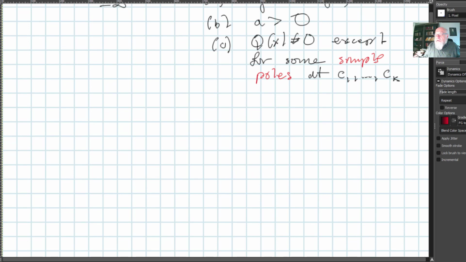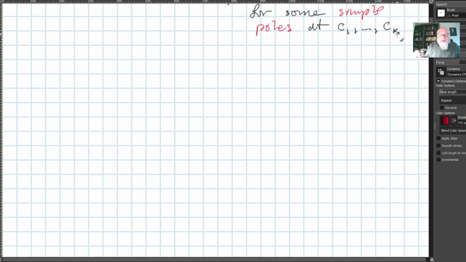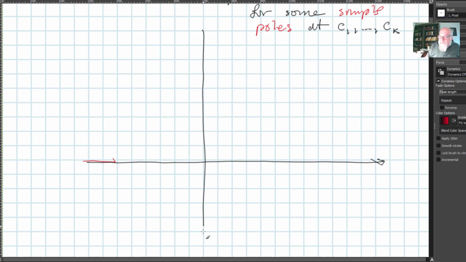So how did we do this integration? We started with the contour. Let me make a picture first. First of all, remind, we ignore that part.